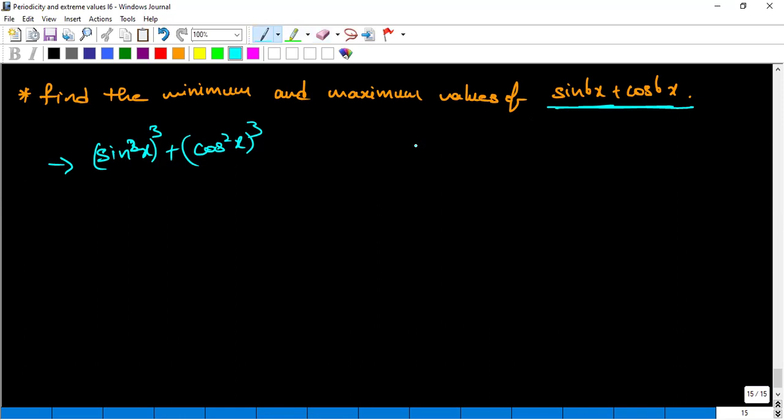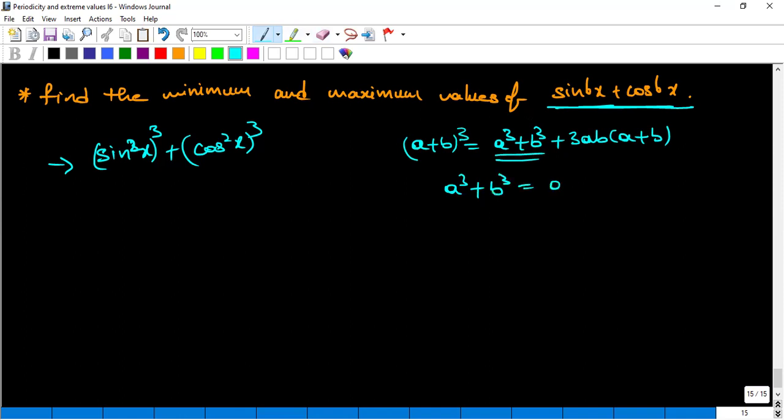Just recall the basic formula: a plus b whole cube is nothing but a cube plus b cube plus 3ab of a plus b. From this formula, if you separate a cube and b cube, a cube plus b cube is a plus b whole cube minus 3ab of a plus b.